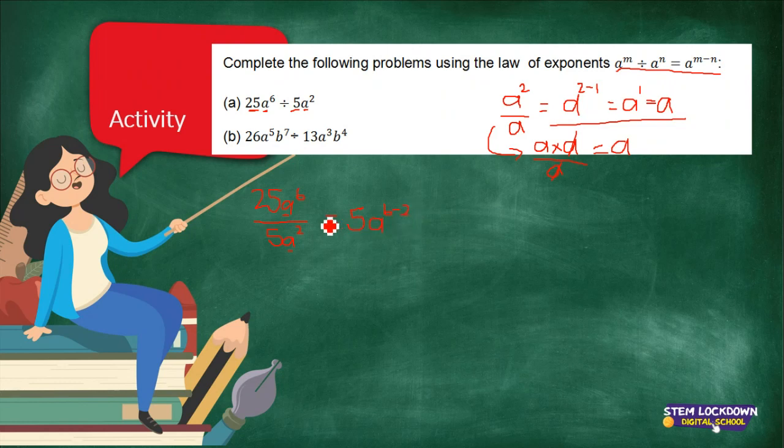Why? Because I was dividing the terms, I need to subtract the powers. So now the answer will be, obviously, your 5 stays the same. What is 6 minus 2? Obviously, the answer should be 4. So it's a to the power 4. So that is your answer to the first one.